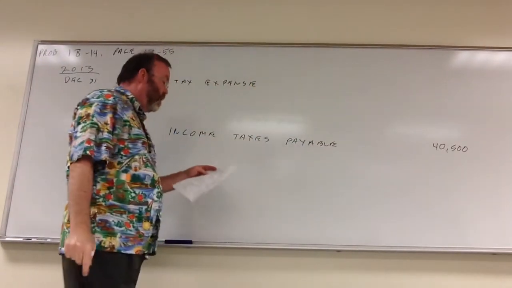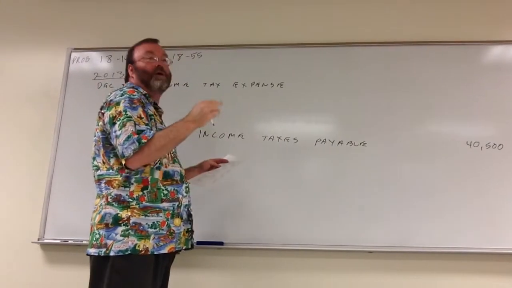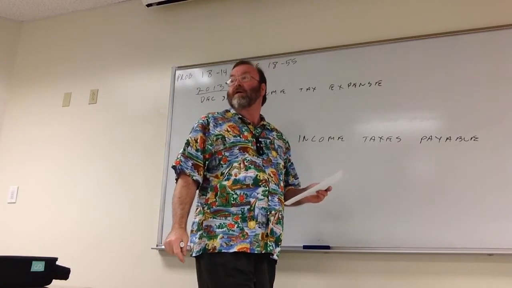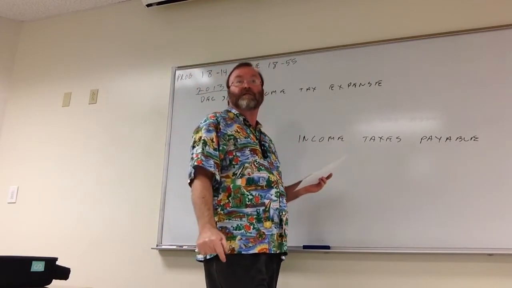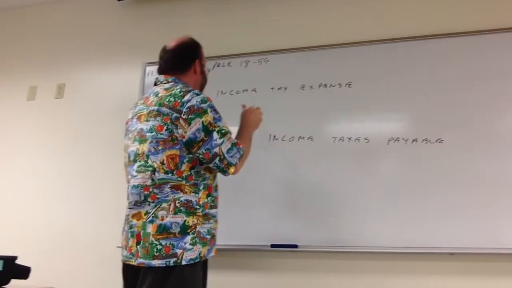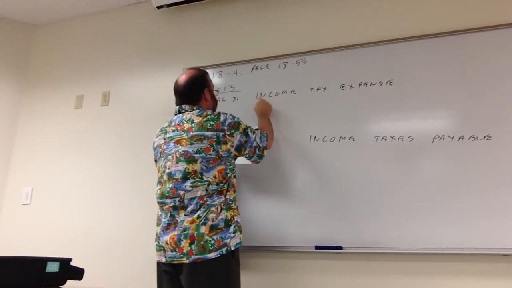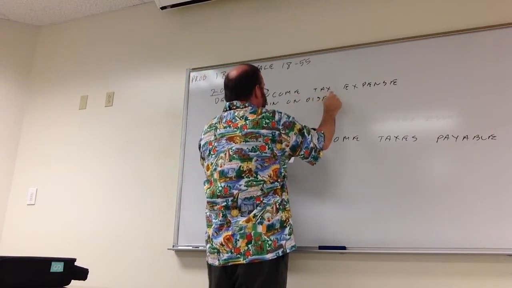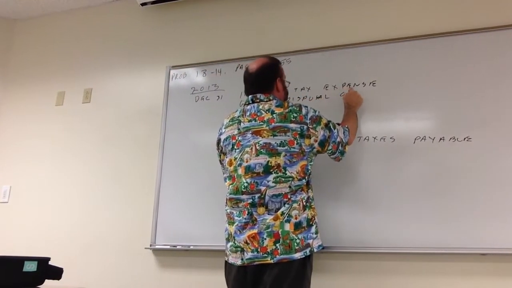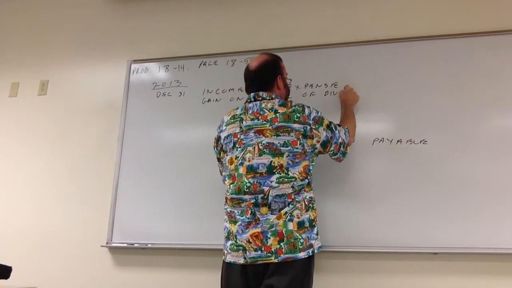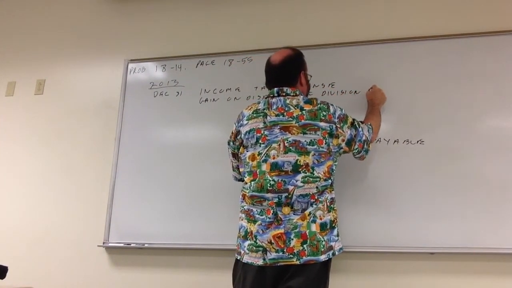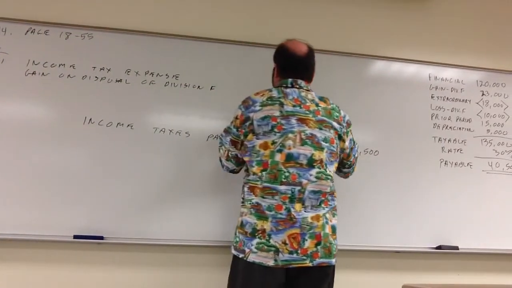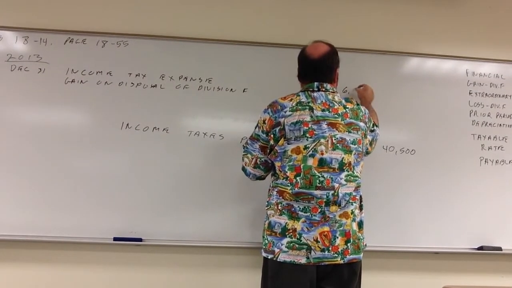So the gain on Division F, which is a credit balance because it's a gain on all the revenues minus expenses, is going to generate a debit, gain on disposal of Division F. So 30% of the $23,000 is $6,900.